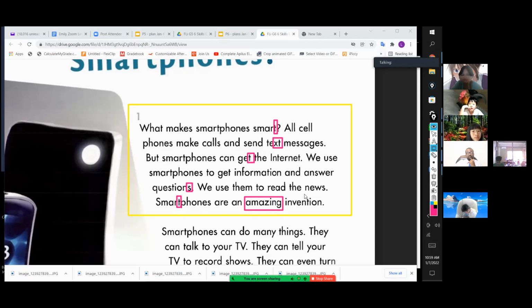Okay. All right, so very good reading, Bam. I want you to say some words with me, okay?